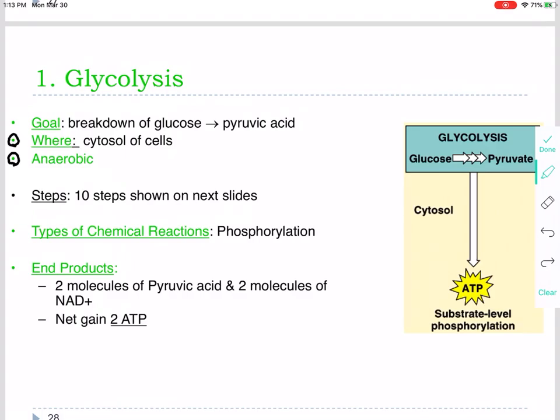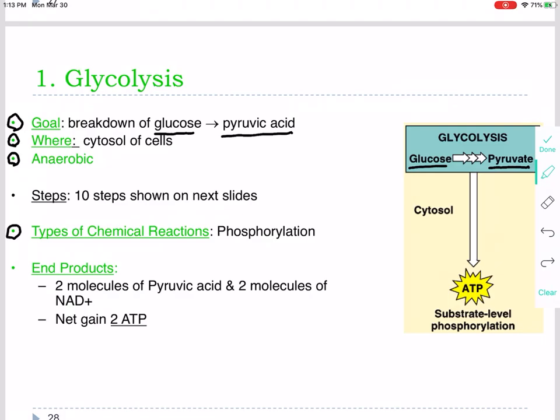The overall goal of glycolysis, we have all these chemical reactions. What is the overall goal? The overall goal is really quite simple. We want to convert glucose into something called pyruvic acid. And that's the whole point of this first step. Convert glucose into pyruvic acid.